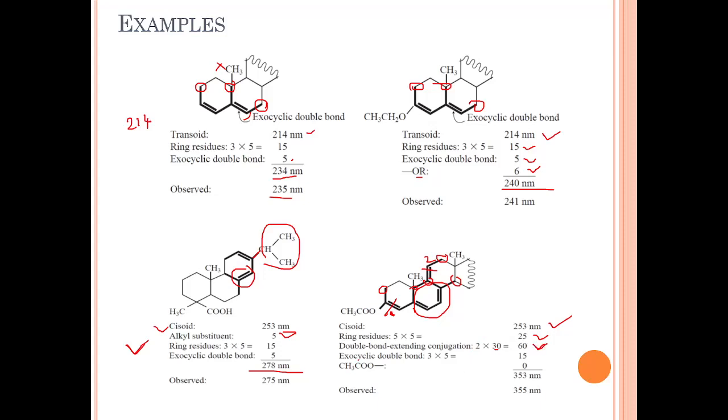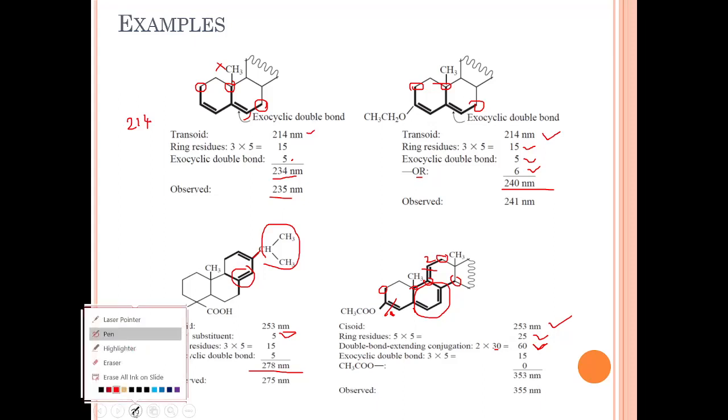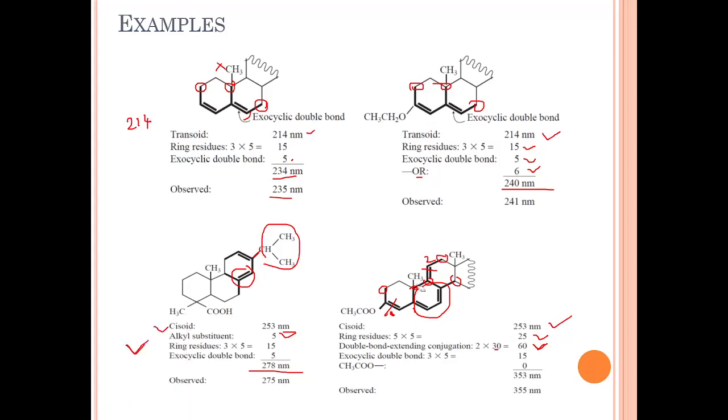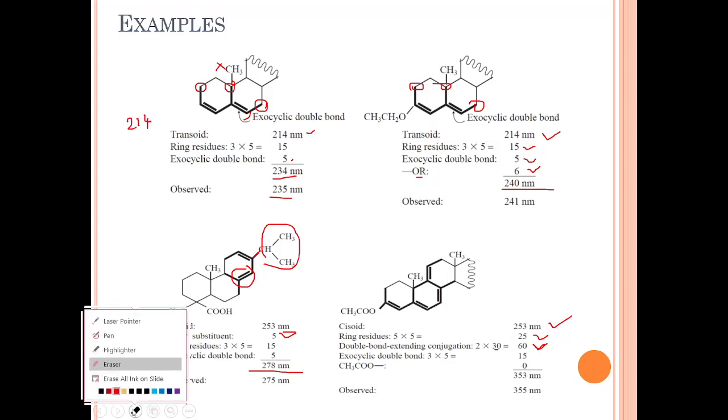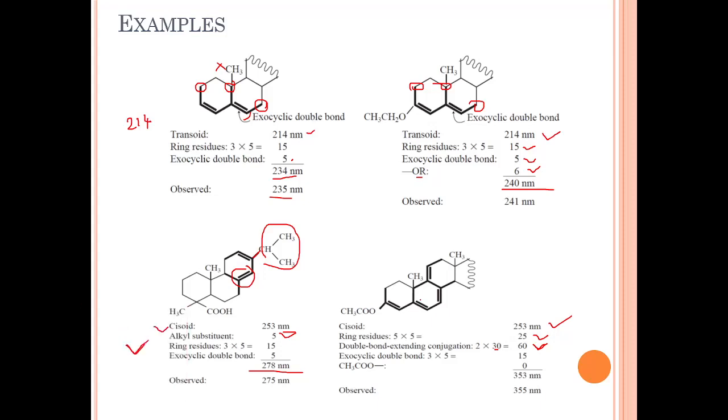And exocyclic double bonds we have. Let's count how many exocyclic double bonds there are. I will show you. Now you can see here we have 3 ring systems over here. So this double bond is attached to this ring. So one, this double bond is attached to this ring. So this is second, and this double bond is attached to this ring. So three exocyclic double bonds.